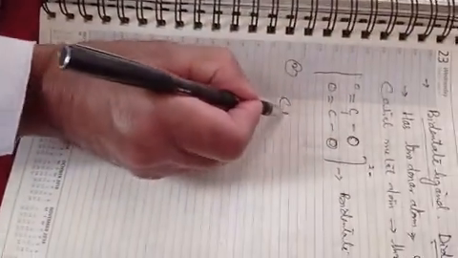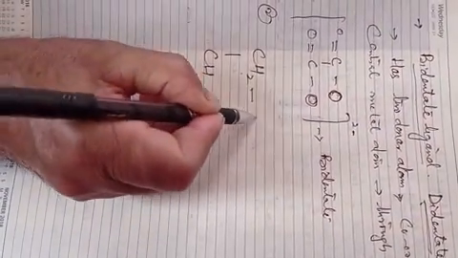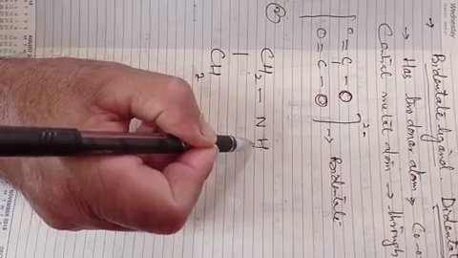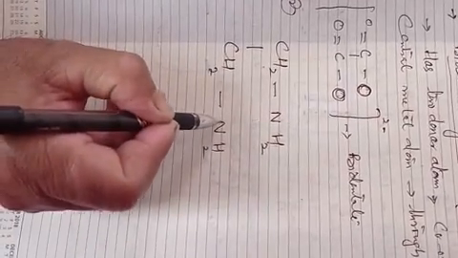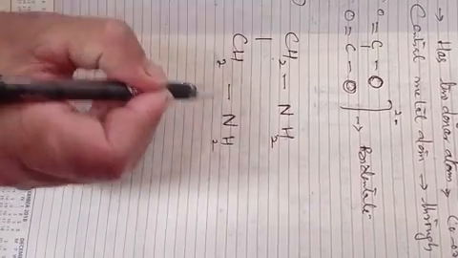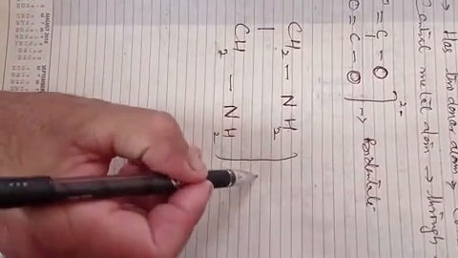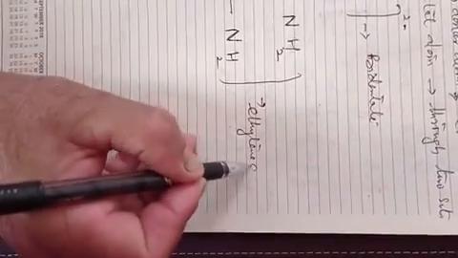Similarly, if we take ethylene diamine, this nitrogen is used for donating electrons, and this nitrogen is used for donating electrons. It is a didentate ligand.